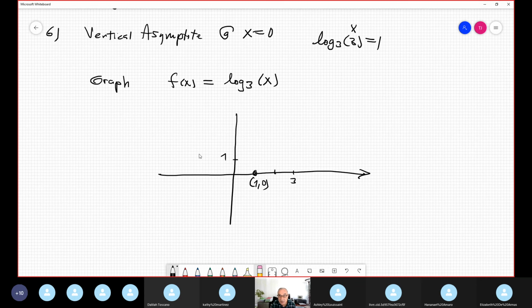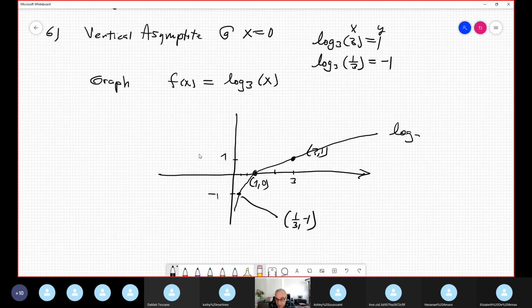Remember, this is the x value, this is the y value. And the reciprocal of the base, 1/3, is negative 1. So for 1/3, I take this segment and divide it into 3 portions: 1, 2, this is 1/3, the first one. And negative 1 here. And we get this point, (1/3, -1). And we connect these points by the curve. The curve looks a little bit like that. This is logarithm base 3 of x.